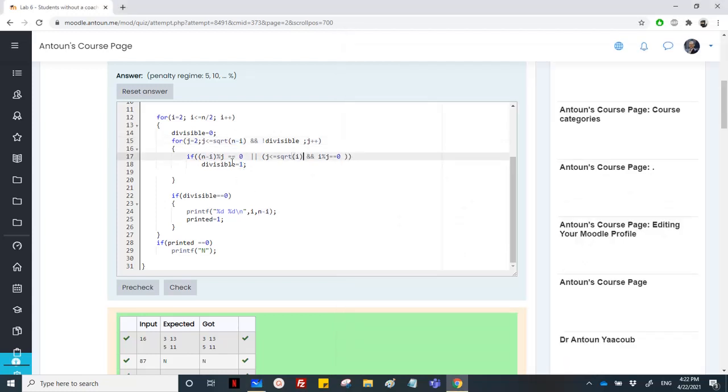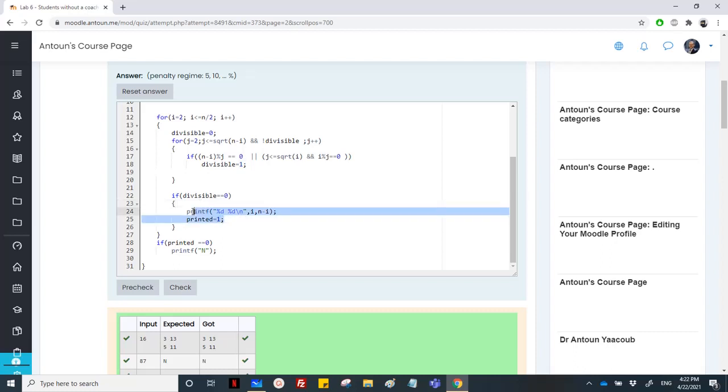So if one of these numbers j divides either i or n minus i, we will get out of the loop, either using a flag or using a break. Whenever I'm out, if I finished the loop normally, it means I didn't find any number that divides either of my 2 numbers. So I will print them on the screen, and obviously I have used a flag to keep track of whether I have printed a pair or not, because I need to print n if there's no pair.